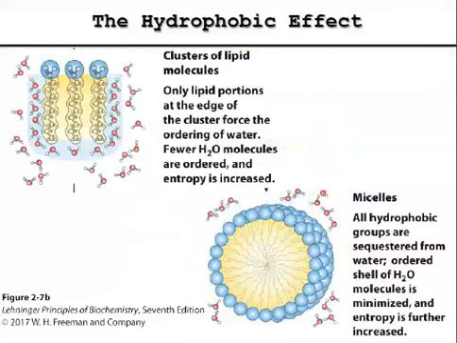Here you can see how the clustering of water molecules reduces the surface area exposed to water and reduces the number of water molecules that need to become ordered. So we have 3 fatty acids here, and they're packed together. And when those fatty acids are packed together, we have to cause this amount of water molecules to be ordered.